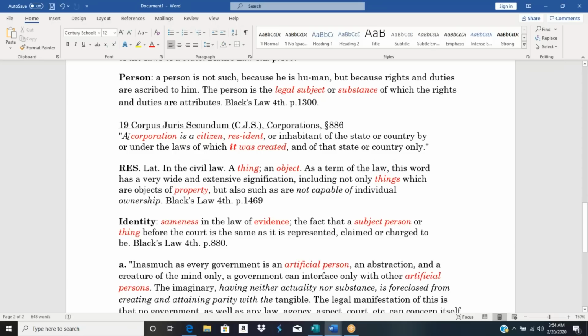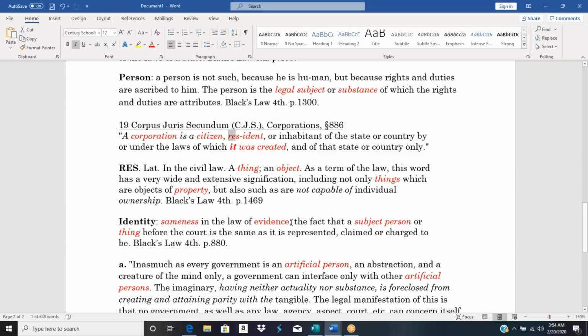I love this one. A corporation is a citizen, resident, or inhabitant of the state or country. So if you're a res, you're a property, you're a thing. And ident. If you flip the word, it's identified property. Property identified.